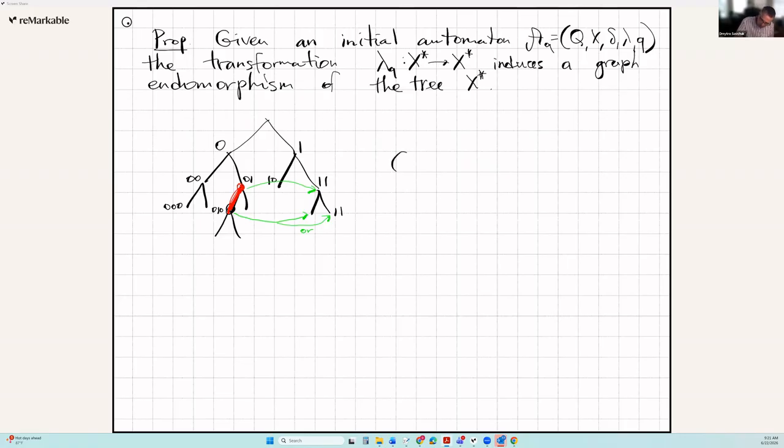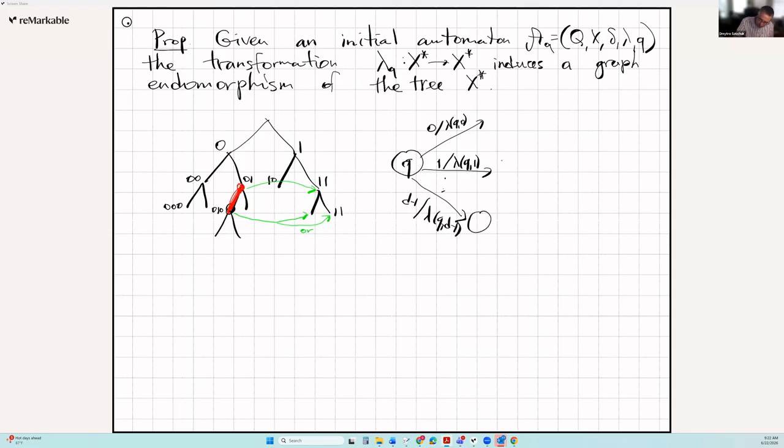So, for example, if you have a state q, and then you have a bunch of arrows, you have to have, by definition, exactly one arrow for every input letter. So, for example, 0 goes to lambda of q,0, and then 1 will go to lambda of q,1, and so on, maybe d minus 1 will go to lambda of q,d minus 1.